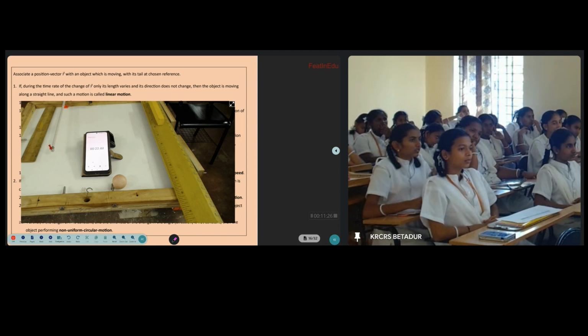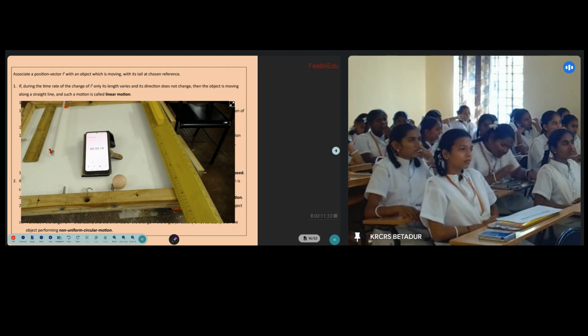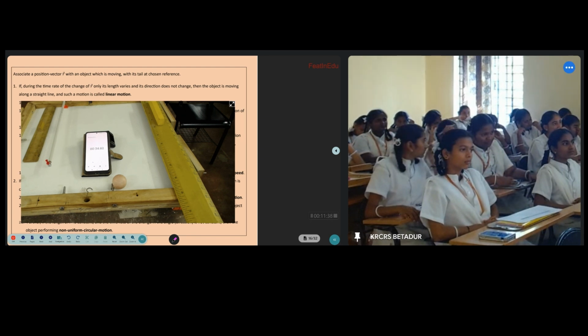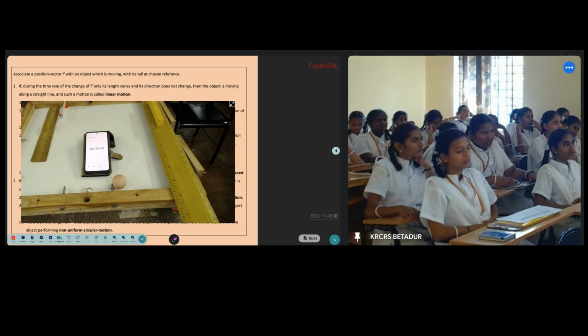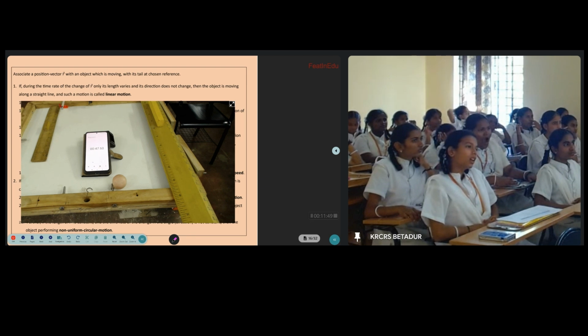What do you observe? What is your observation? The position vector is tracking the object, and the time is advancing. You can see the scale. What do you understand from the scale?